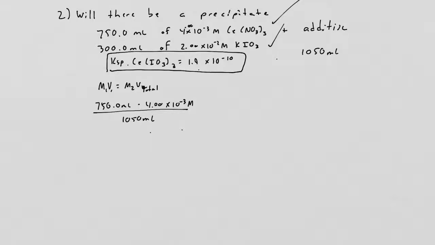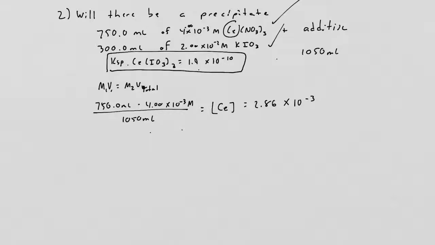The good thing is, because we're interested in the cerium, there's only one here. Otherwise, we have to take into account the formula. It's very important you recognize that for every 1 mole of that stuff that goes in, you get 1 mole of cerium ions. So this is going to give you the concentration of cerium ions in our new solution, which is equal to 2.86 times 10 to the minus 3.